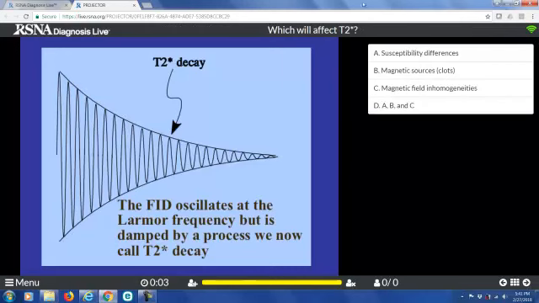Which will affect T2 star? Susceptibility differences, magnetic sources like clots or hemosiderin, magnetic field inhomogeneities, or all 3. So here's the free induction decay signal. Normally, in the absence of T2 star effects, it will decay exponentially with the time constant T2.